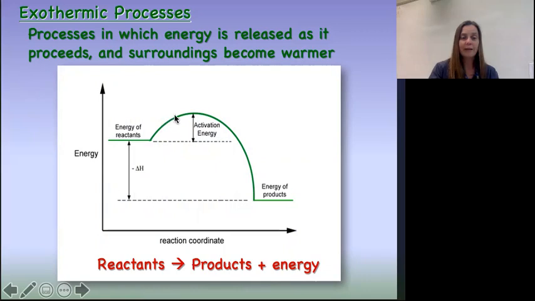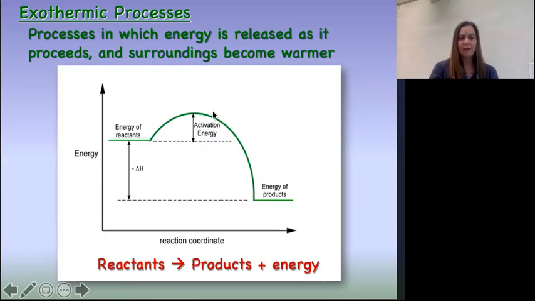We have to put in the activation energy to get the reaction started, but once we overcome this activation energy barrier, once our collisions have enough energy, then it's all downhill from there, and lots of energy is given off, and the products have a much lower potential energy than the reactants. And we remember that this overall change is the delta H of the reaction, or the enthalpy change of the reaction.